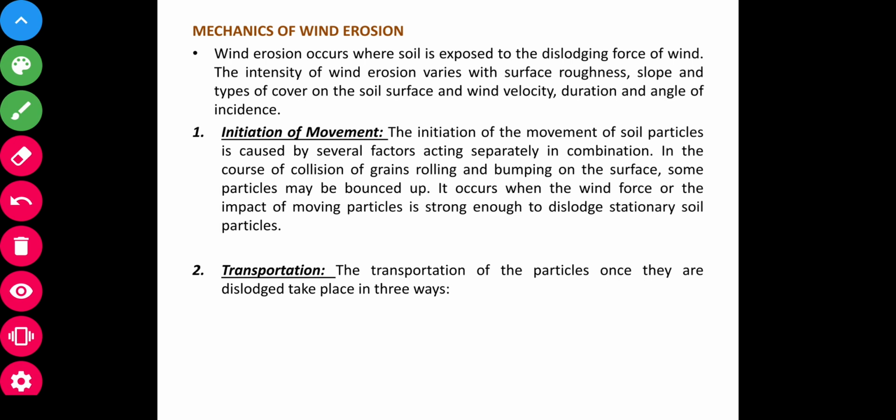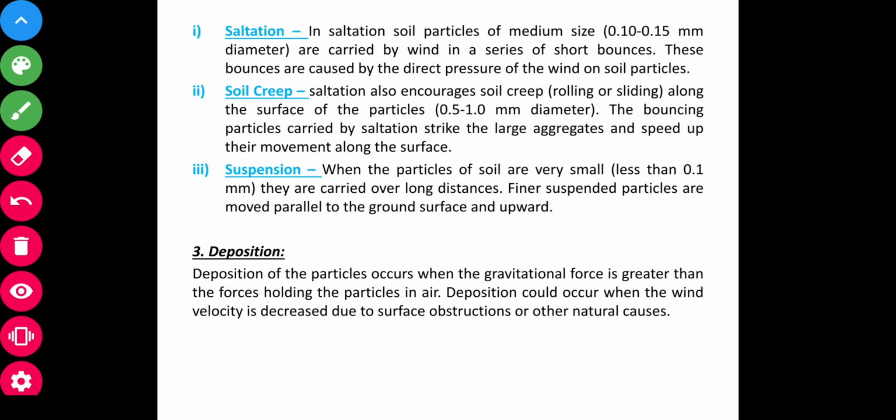That time there is the second phase of wind erosion, that is the transportation. In the transportation, there is movement of soil particles from one place to another place, and those movements are completed in three different ways: the saltation, surface creep or soil creep, and the third one is the suspension.